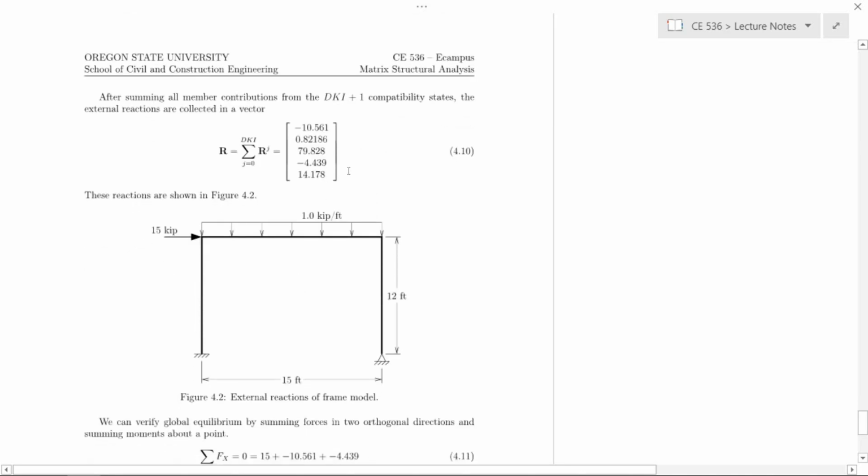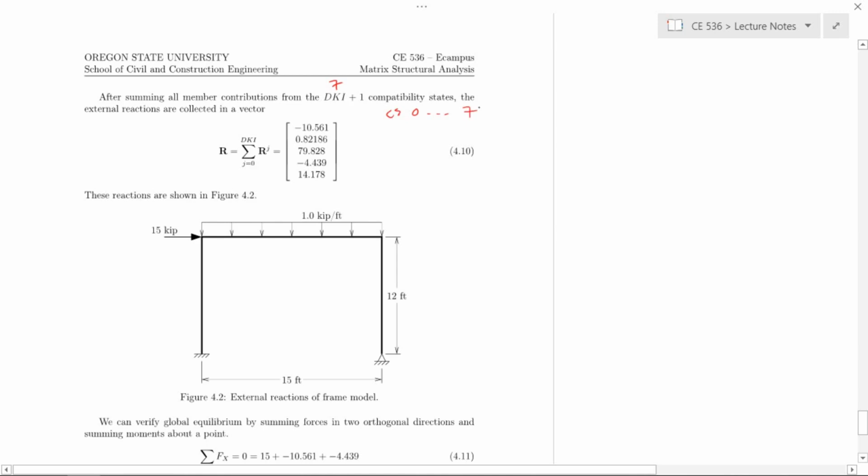Okay, so now that we've gone through all 8 compatibility states, right, DKI plus 1, all right, this is for CS0 up to 7, all right.